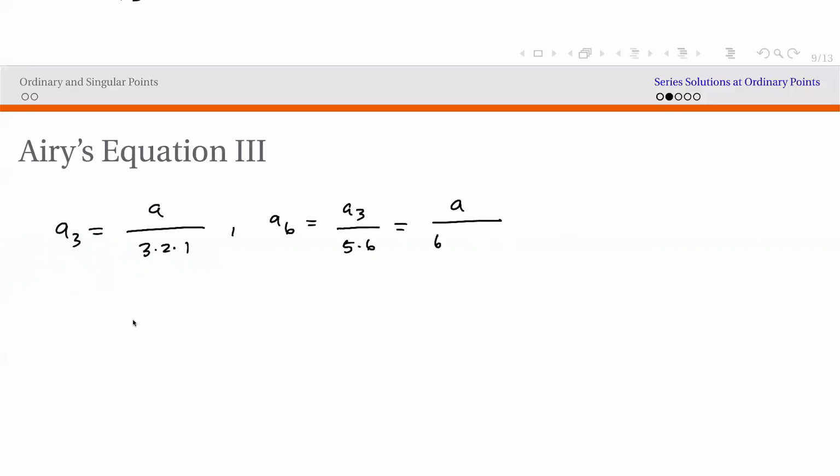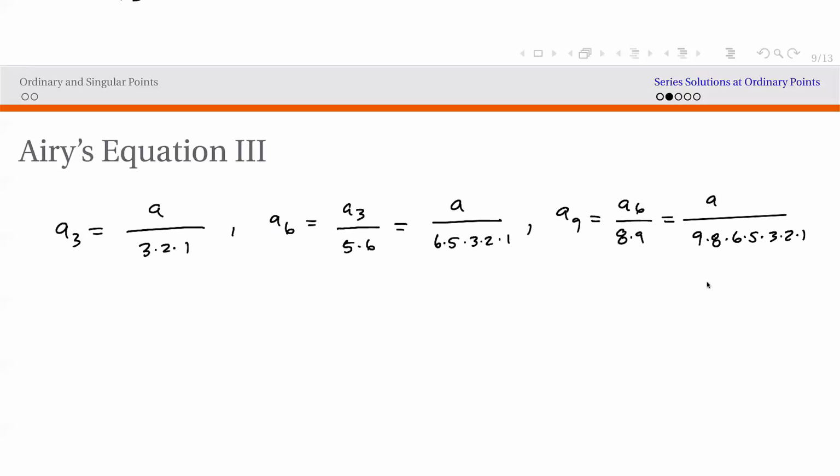And I'll do one more term there. If you looked at A9, A9 would be A6 over 8 times 9, which will turn out to be A over 9 times 8 times 6 times 5 times 3 times 2.